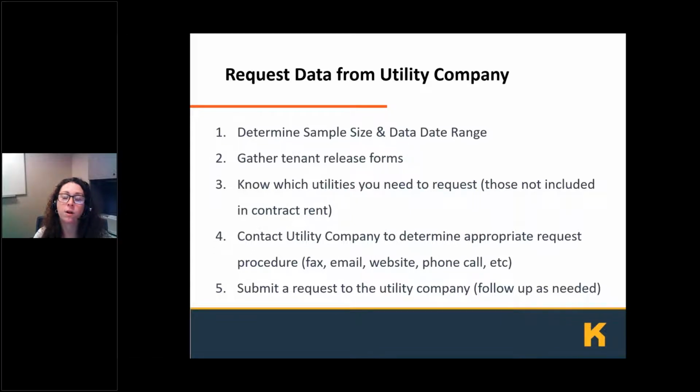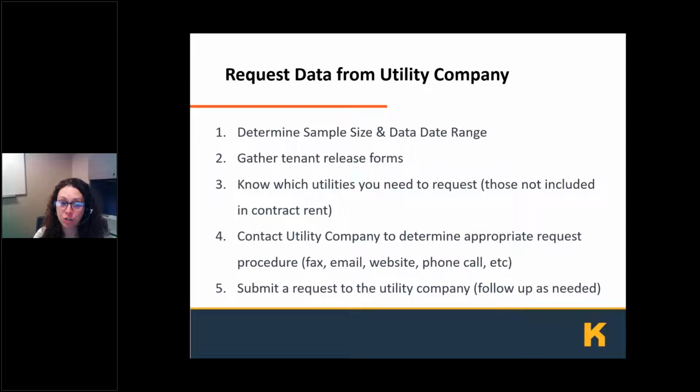You will know the date range of the data. You'll look at your rent adjustment anniversary date, so you'll know exactly the date range that you need to request. You will gather your tenant release forms, and this should be real simple if you've collected those every year. So you should just be able to pull them real easily and get those together.